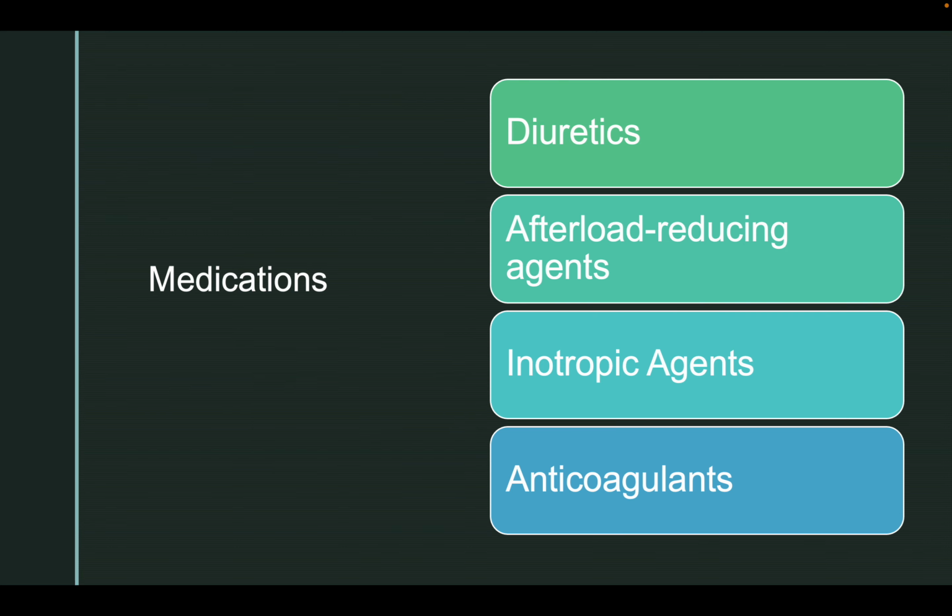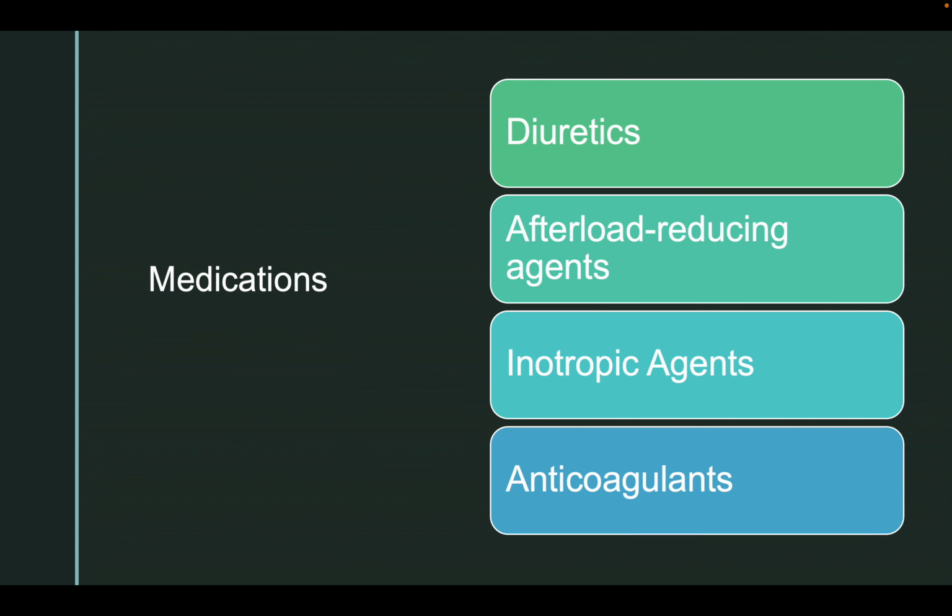Your beta blockers, those are your olols, metoprolol, that type. Calcium channel blockers, amlodipine, and your vasodilators such as hydralazine. So some nursing considerations: we want to monitor clients taking ACE inhibitors for initial dose hypotension.